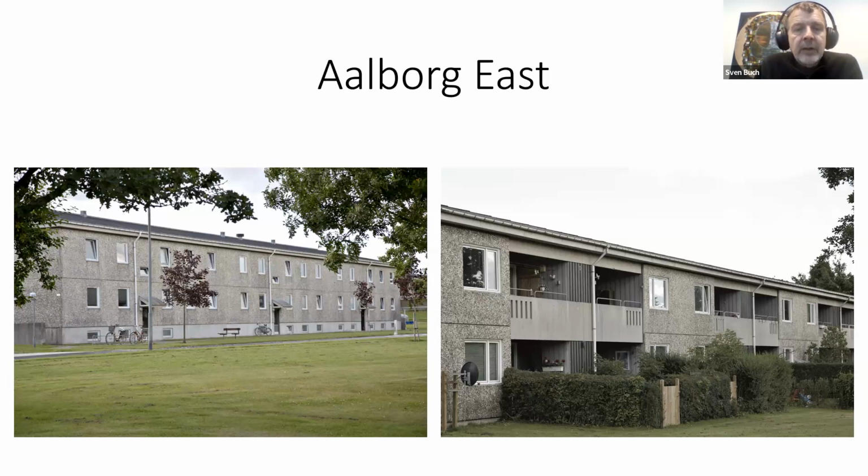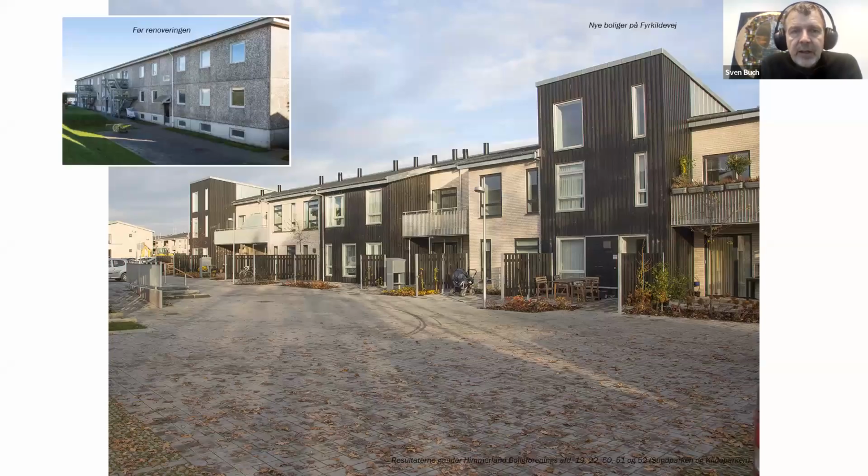So we had around these 3,000 social housing units, and the plan we have worked with has involved about 1,500 units. You can see the kind of transformation that has been done, before and after. It's quite a deep renovation. The whole building envelope has been changed.